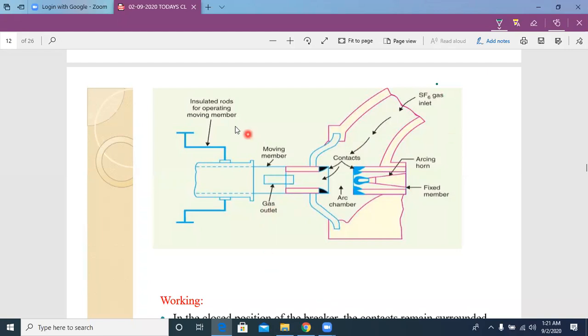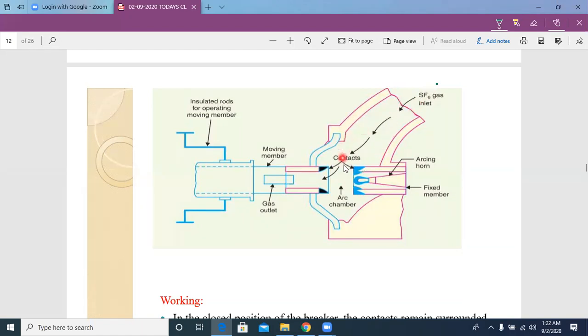Now let's see this diagram. This is the circuit breaker at open position. This one is the fixed contact and this one is the moving contact. When the contacts open, an arc is struck between them. When the arc is struck, the reservoir valve opens, and SF6 gas enters the arc path.